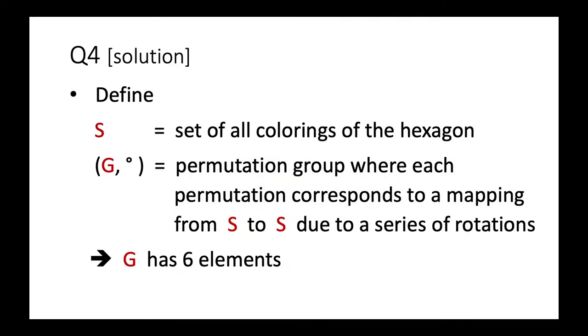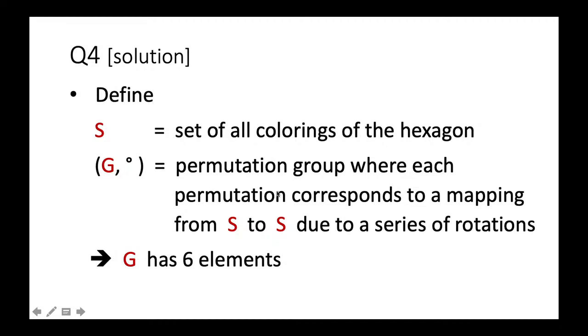So here, this is a standard Burnside theorem question. We let S be the set of all colorings of the hexagon, and then a permutation group G is formed.